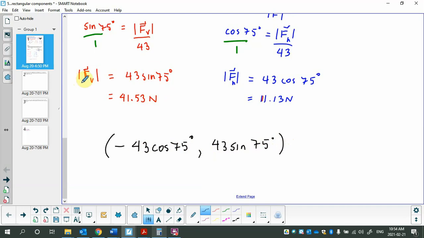So this is magnitude, this is length. So we say the length of that red line is 41.53, or if you're talking really accurately, 43 times sine of 75 degrees. But if you're trying to say a location, you have to indicate that it is to the left on a grid. Okay, we got 2 more questions, just like this.